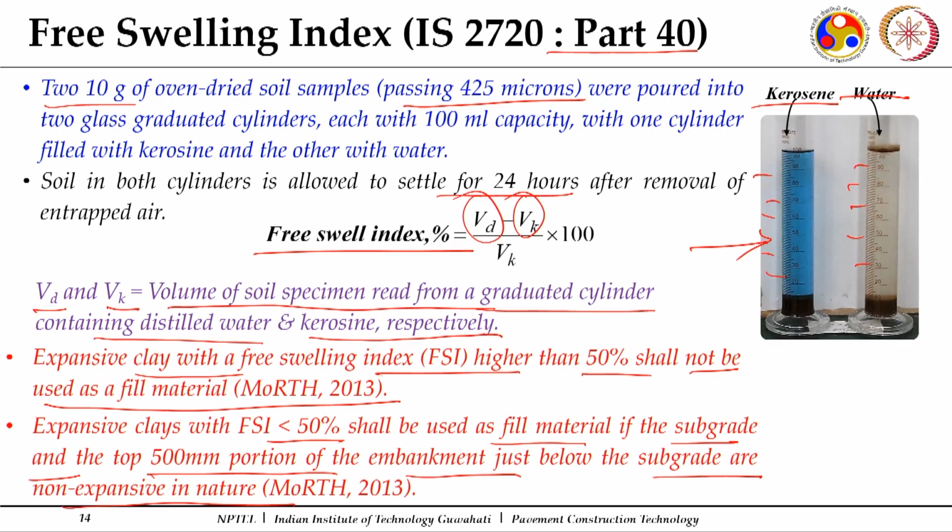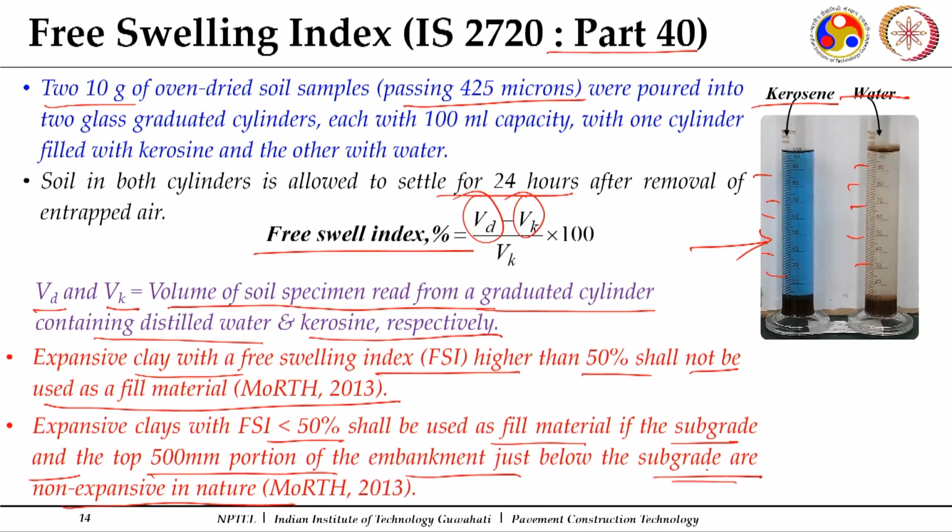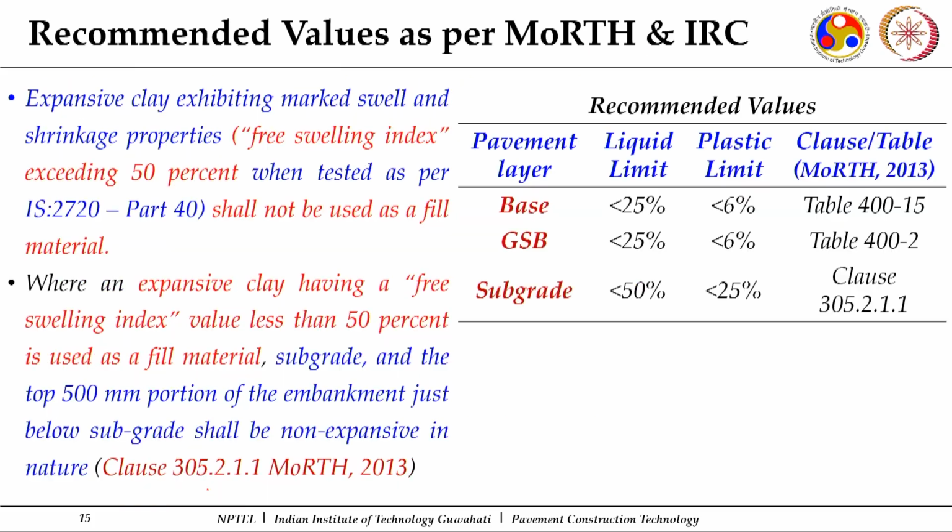Always you will prefer to use a material which is non-expansive in nature when you are doing the subgrade construction, and you will try to keep at least 50 centimeter of the embankment below the subgrade with a non-expansive material.